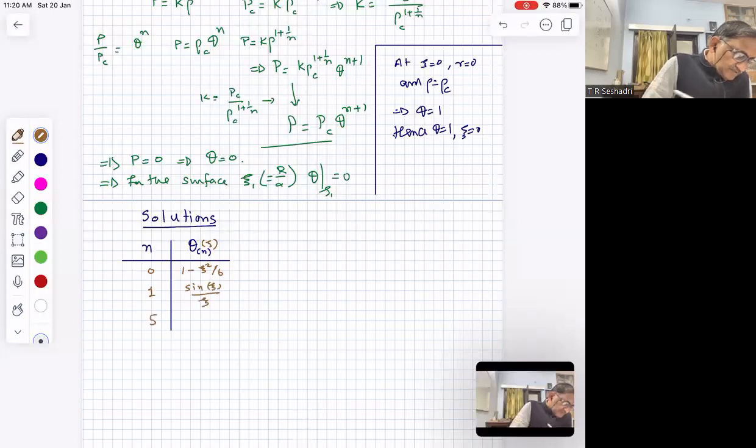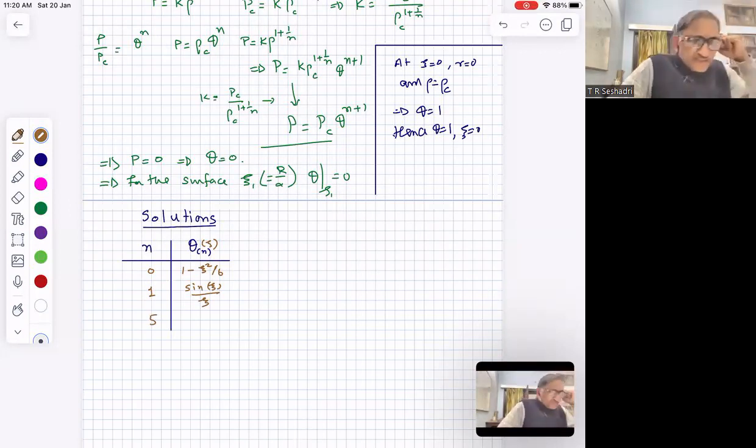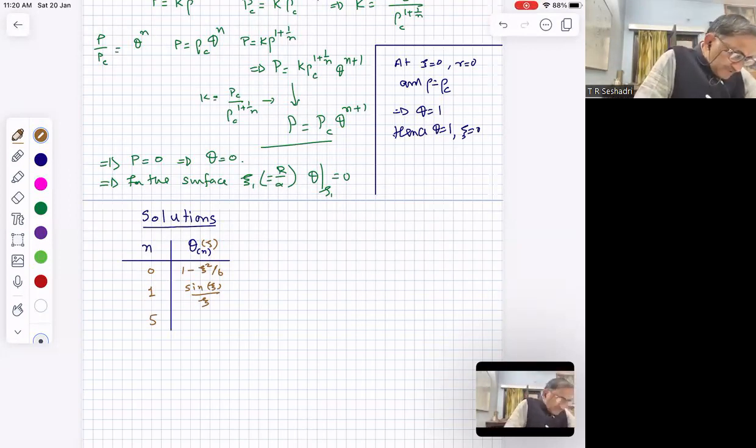And I did not do it for the case of n equal to 5. N equal to 5 case is very complicated to solve, although an exact solution exists. So I will not digress myself. Maybe I can just write it out and send it to you as notes if you are interested. But it's a very complicated series of substitutions, after which you get a fairly simple form, which is 1 divided by square root of 1 plus xi square by 3.